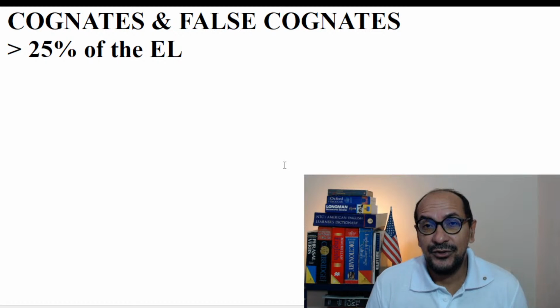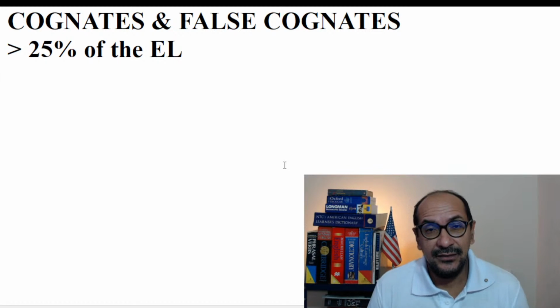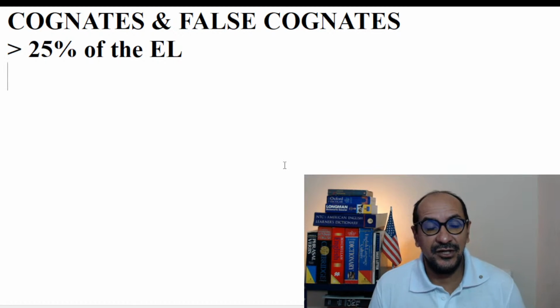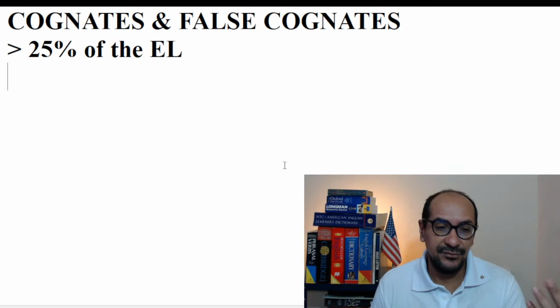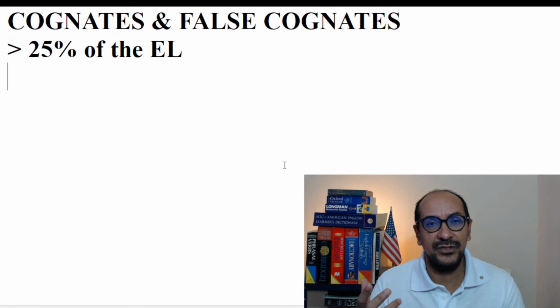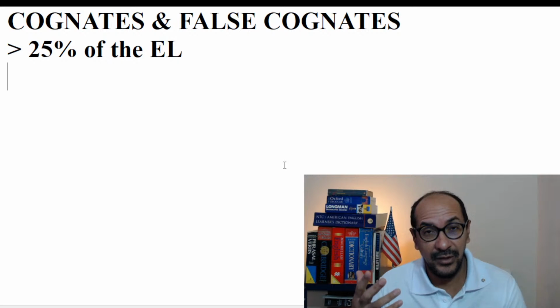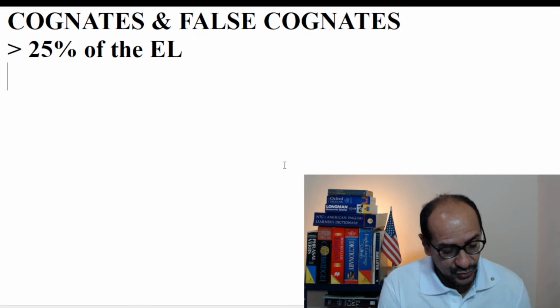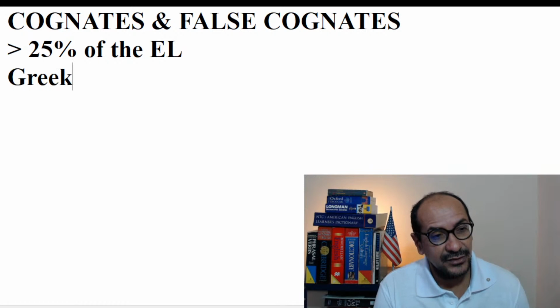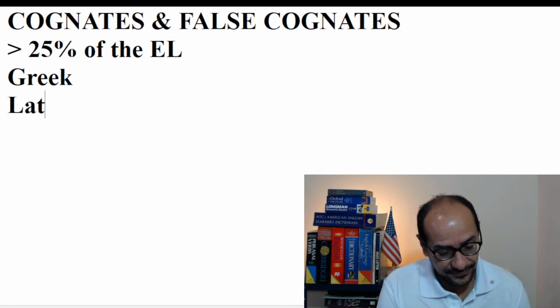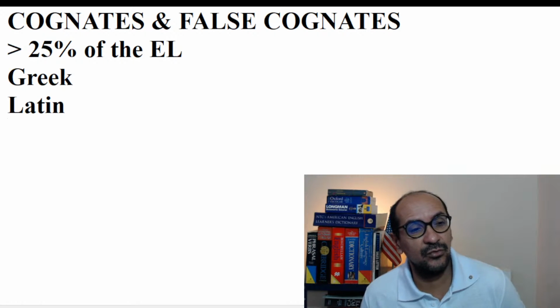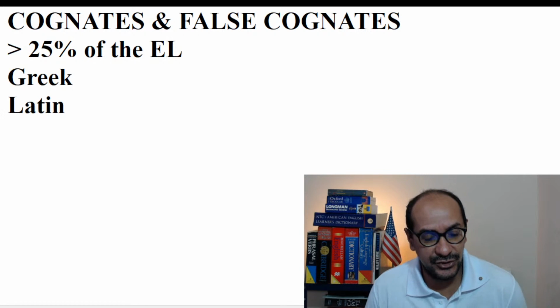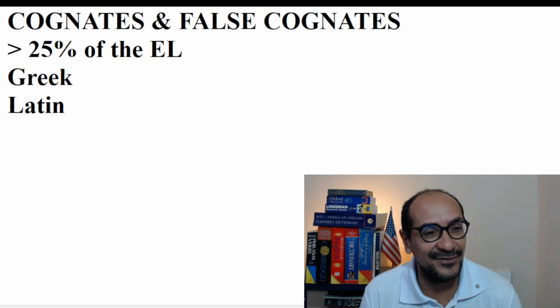So, in other words, cognate words are those that are very similar in one language, let's say English, and in Portuguese, or Italian, or German, whatever. And why does that happen? Because of two great languages, Greek and Latin. Of course, you're talking about the so-called Romance languages.